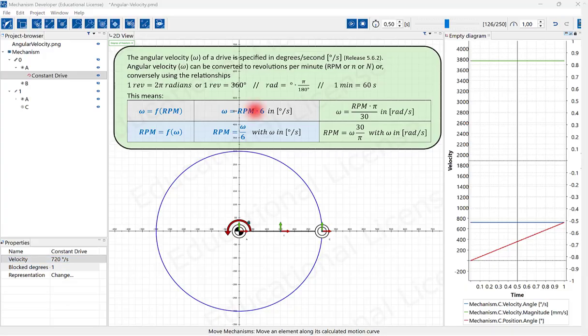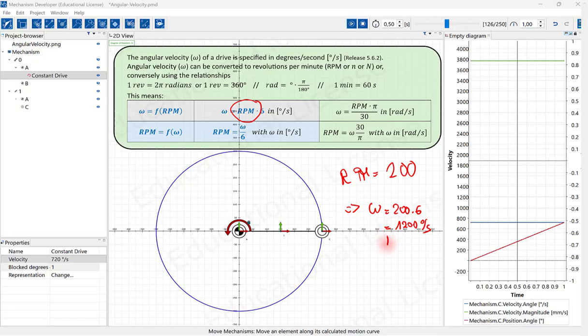So maybe now you have the question. I have a certain revolutions per minute, let's have 200 RPM. And then what is omega? Omega is then very quickly 200 times 6, and this is 1200 degrees per second.